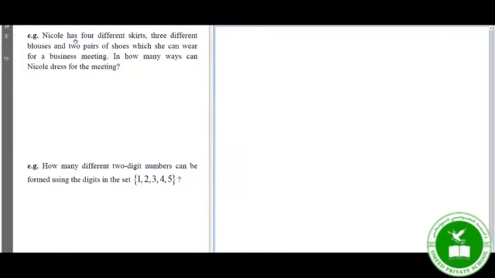For example, Nicole has 4 different skirts, 3 different blouses, and 2 pairs of shoes which she can wear for a business meeting. In how many ways can Nicole dress for the meeting? If we call the skirts S1, S2, S3, and S4, the total number of choices is 4 for skirts.